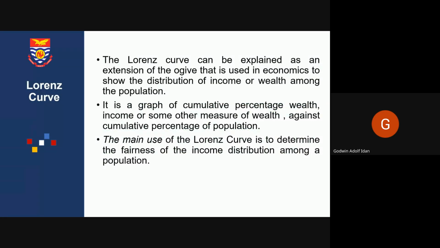we look at the application of the ogive, where we can see it in the Lorenz curve. When we talk about the Lorenz curve, it is mainly the application of the ogive, where we are going to be able to explain how economists rely on the ogive to know the distribution of income or wealth that is being shared among a particular population.